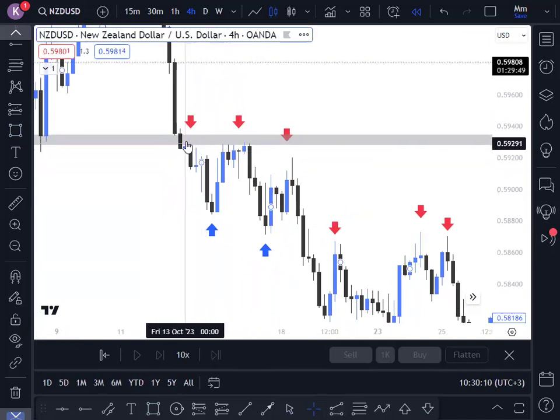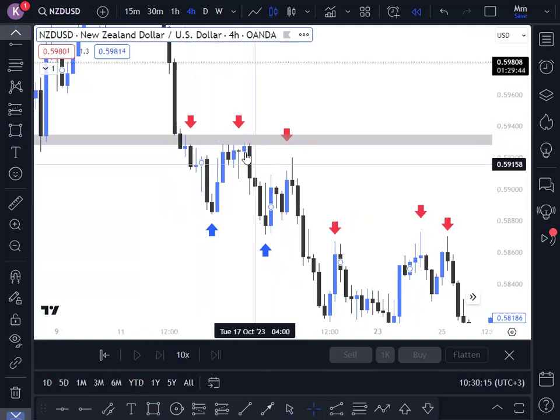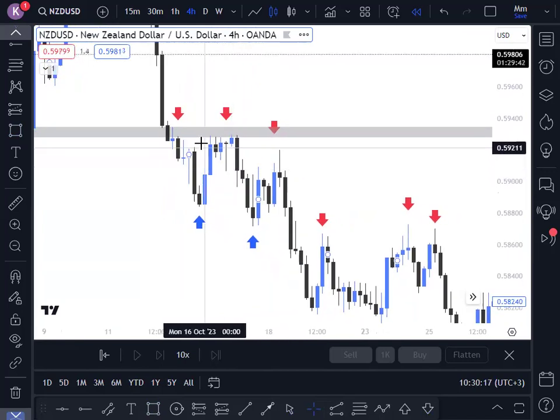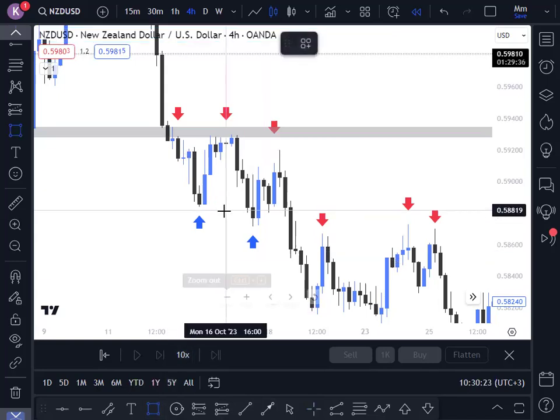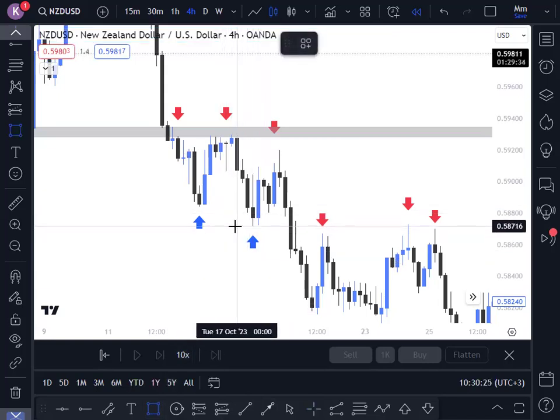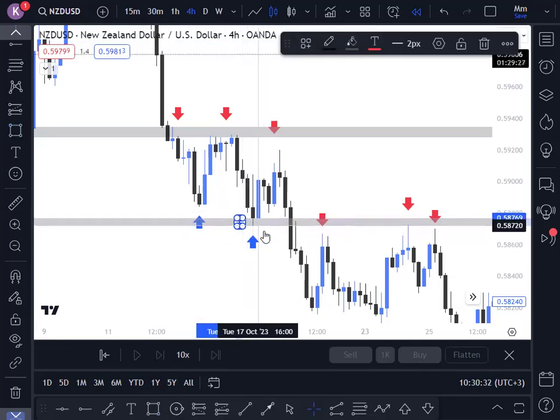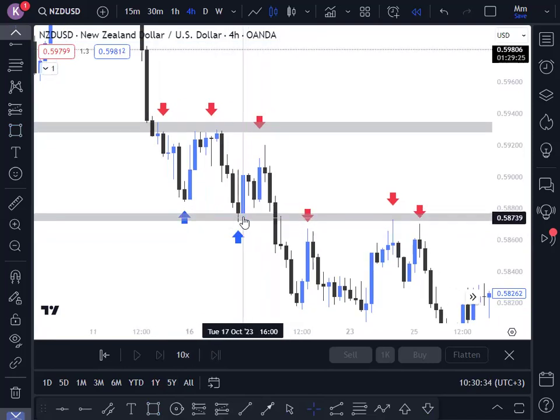So at this point here, you can see we have the first touch and the second touch. That is our resistance, because whenever the market is on a resistance, we sell back, and vice versa for a support. You want to mark to the end of the wick to where the market has reached our support.